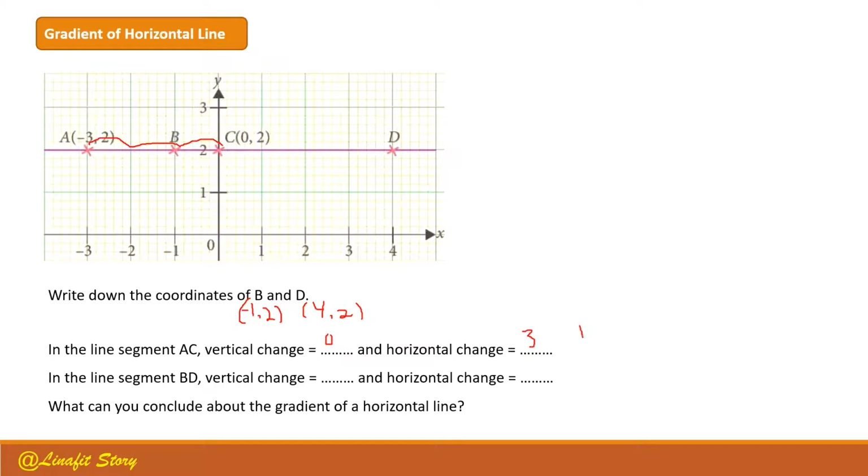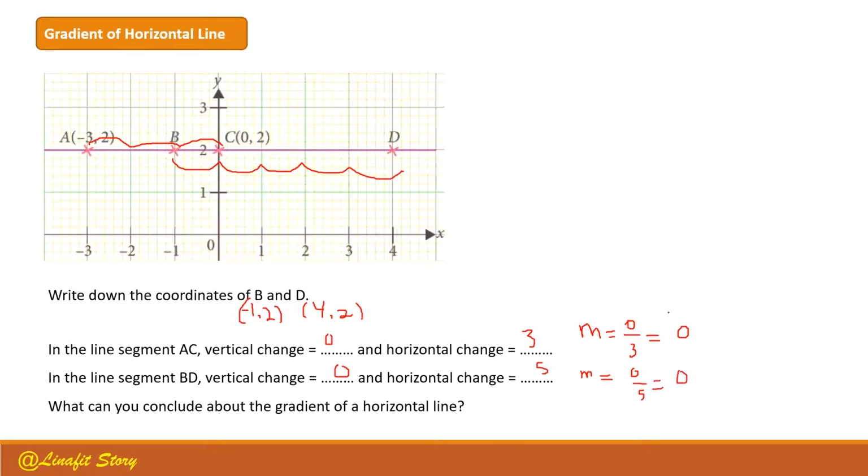So the gradient is 0 divided by 3, which is equal to 0. In the line segment BC, the vertical change is 0 and horizontal change is 5. So the gradient is 0 divided by 5, which is equal to 0.